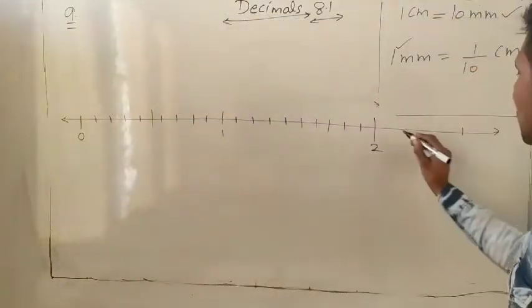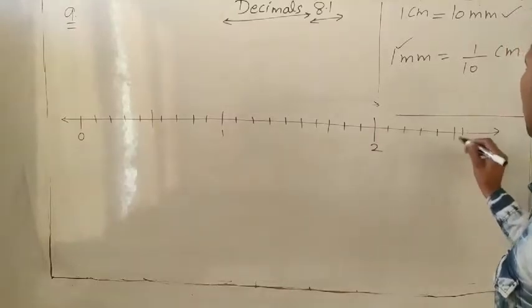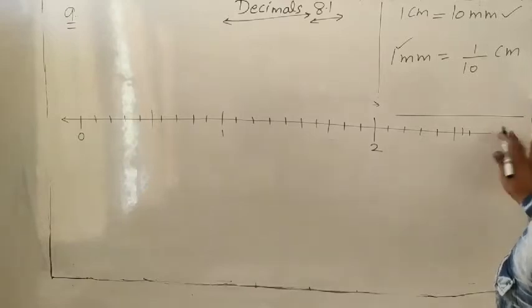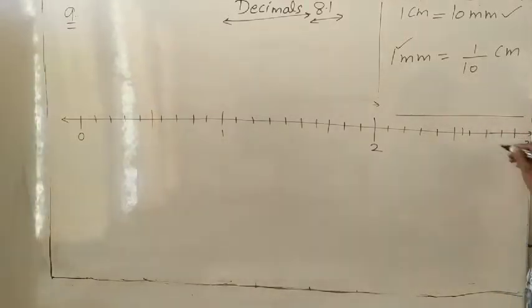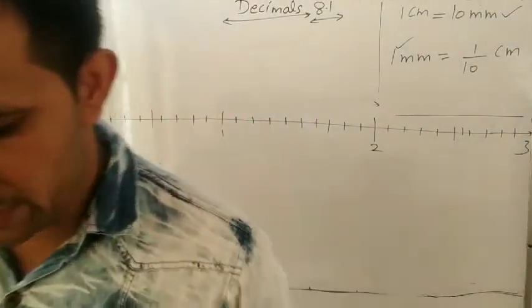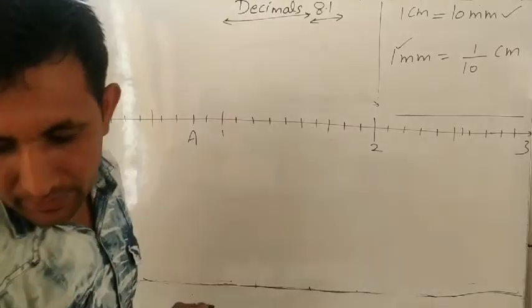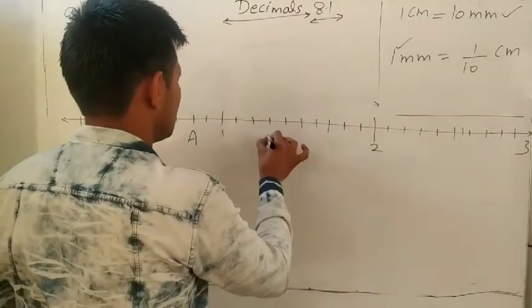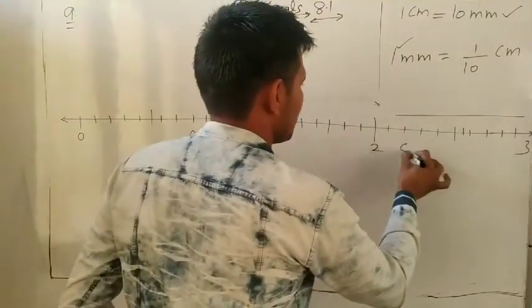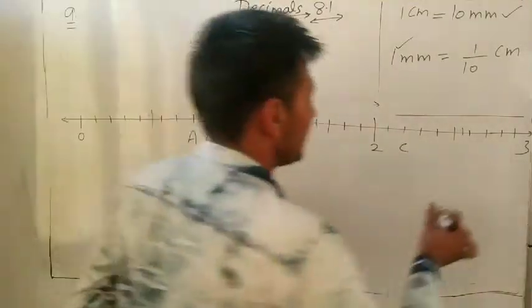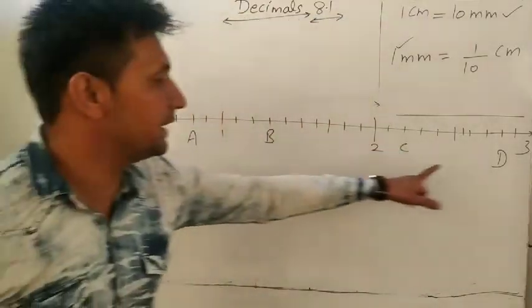Same as it is. 1, 2, 3, 4, 5, 6, 7, 8, 9 and it is 3. So we have to find the value of A, B and next is C and D.